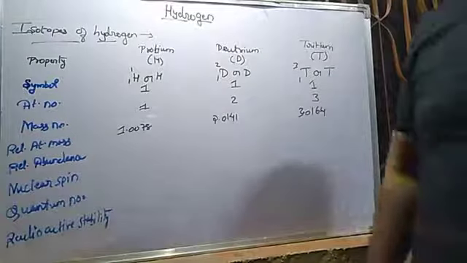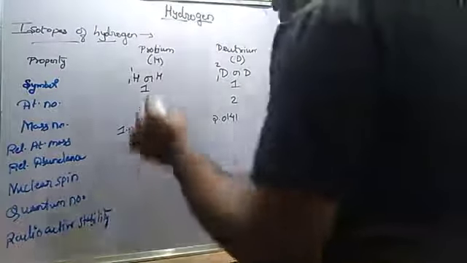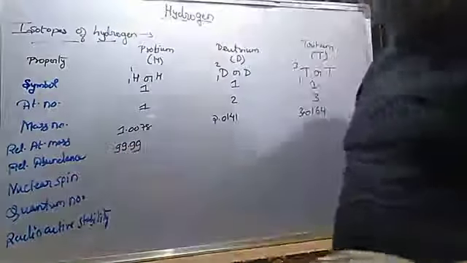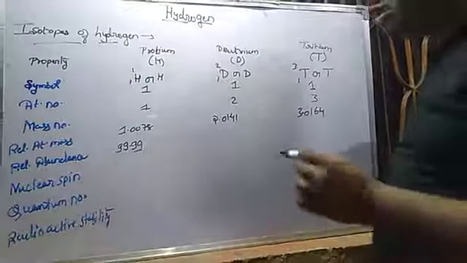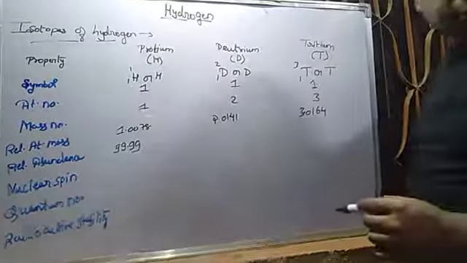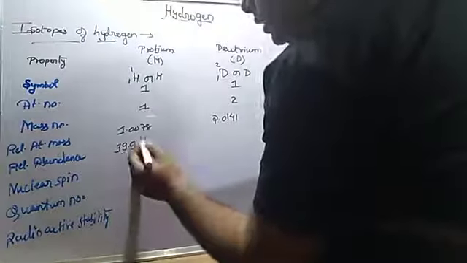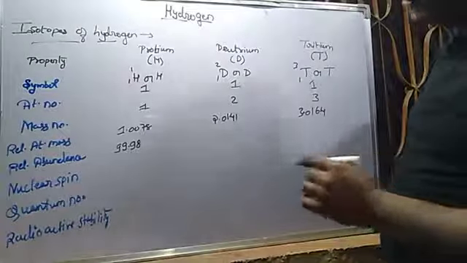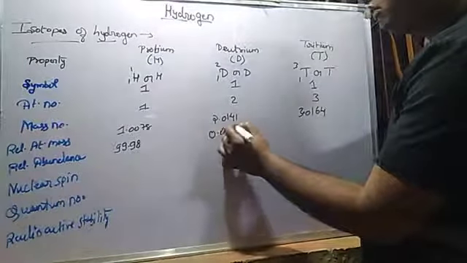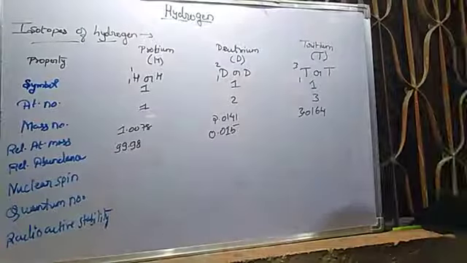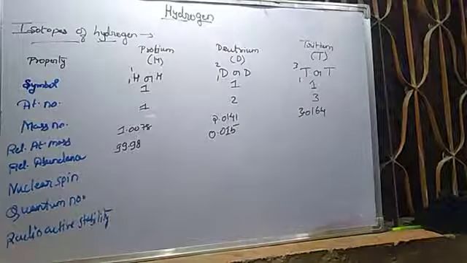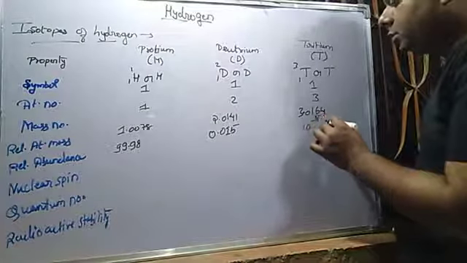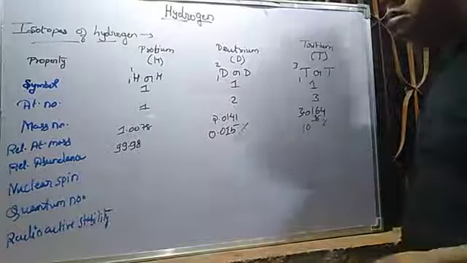Moving further, relative abundance: for protium it is about 99.98%, for deuterium it is 0.015%, and for tritium it is 10 to the power minus 15 percent.